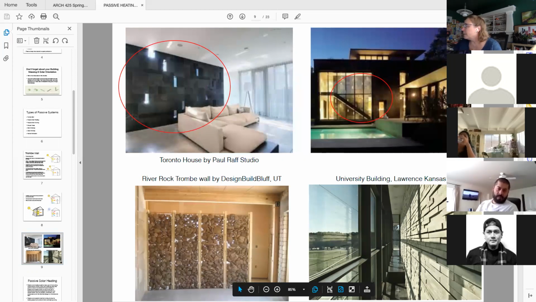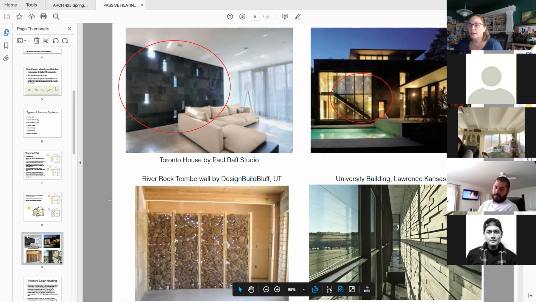It is not meant to be an inhabited space, but this is their air gap. They have a south-facing curtain wall system, and then a thermal mass, probably CMU behind decorative stone, or I suppose this could be a poured in place wall, but that would be a very fancy one.